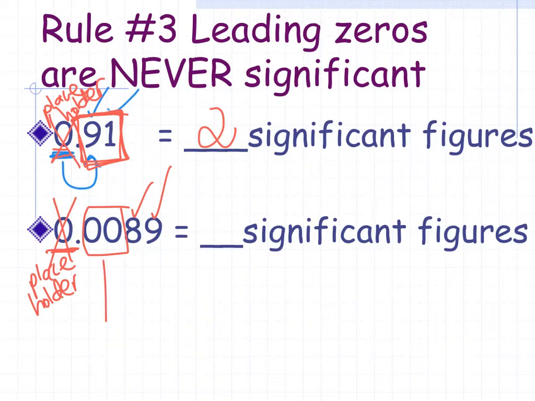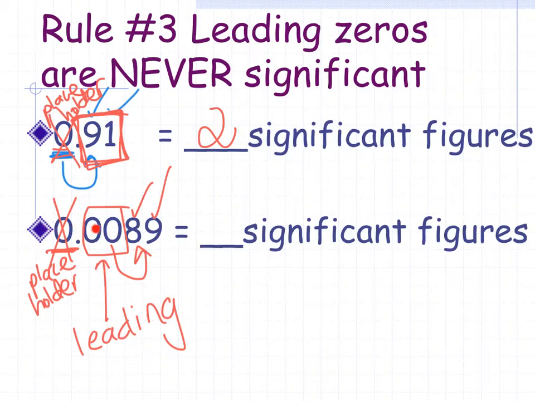We also call these guys leading zeros. And they're leading because they're leading the number 8. They are not, I repeat, not leading the decimal. I don't care about the decimal. All I care is that these zeros are before this 8.